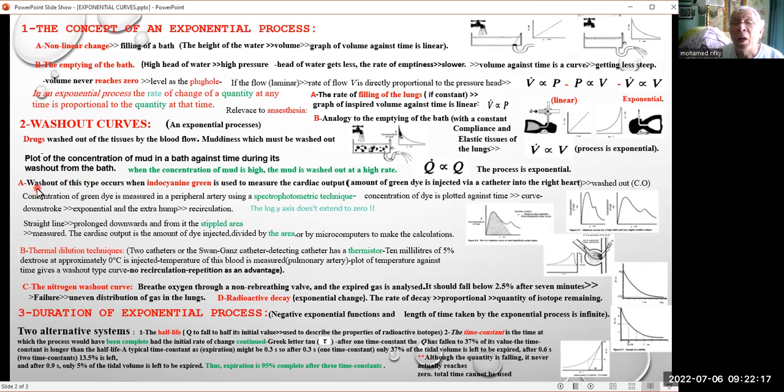So we will gain out of these washout curves, as we can see, 4 points. First of all, we can utilize it to measure the cardiac output, using what we call indocyanine green, which is dye being injected to the right side of the heart.